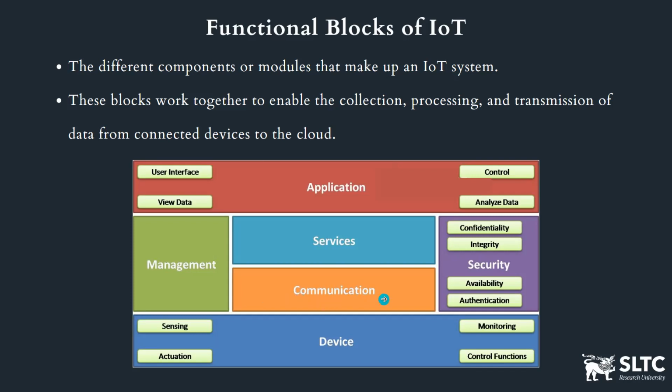Then communication. Communication is another aspect that is a must. That is a must for an IoT network, right? Without communication, it's not going to be IoT. So you need to have the connectivity between each and every device in the IoT network such that every device can talk to another device.